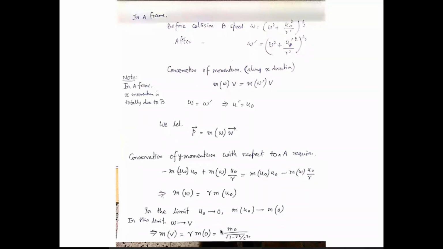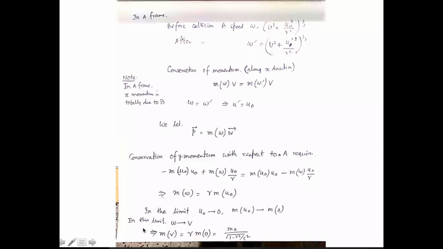Mass depends on the speed. This is once again another mind-blowing result, which you probably couldn't anticipate, or which is difficult to conceptualize. But in this small example of elastic collision, it comes out really nicely.